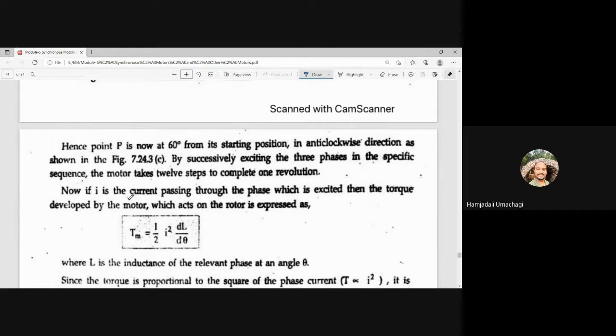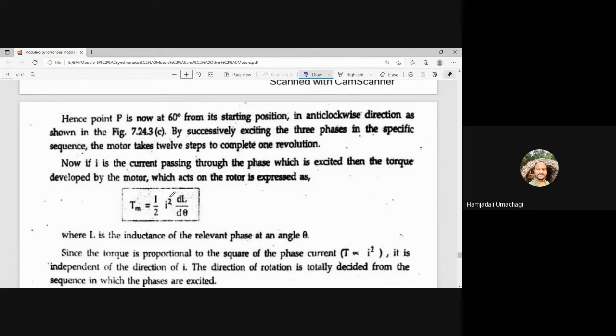Now, if I is the current passing through the phase which is excited, then the torque developed by the motor which acts on the rotor is given by the formula Tm equal to half of I square dL by d theta. Here, L is the inductance of the relevant phase and theta is the rotational angle.